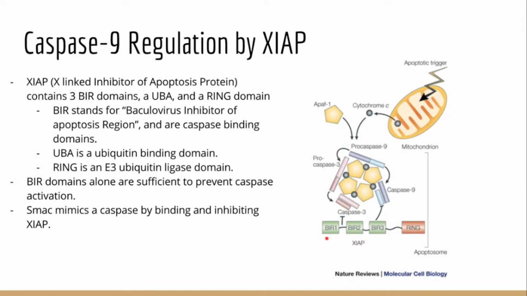This was originally discovered in the baculovirus, which adopted the gene for its ability to prevent apoptosis, thus allowing the virus to replicate without the cell self-destructing and killing itself. Now, it's well understood that the BIR domains of various IAP proteins bind to caspases, and they're known to inhibit them. So the BIR domains can bind to something like caspase-3 or caspase-9, and it inhibits them.